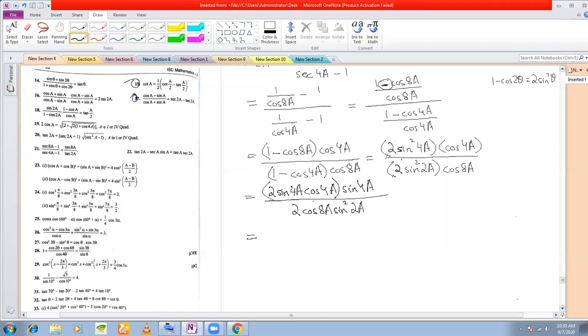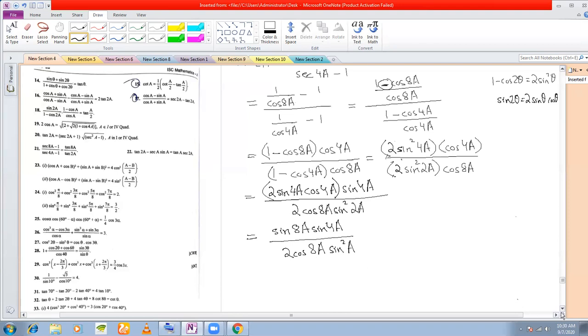Now what happens? This 2 sine 4a cos 4a, again sine 2 theta is 2 sine theta cos theta, we are going to use this. So this becomes sine of 8a into sine 4a, and the denominator we keep as it is, 2 cos 8a sine square 2a.